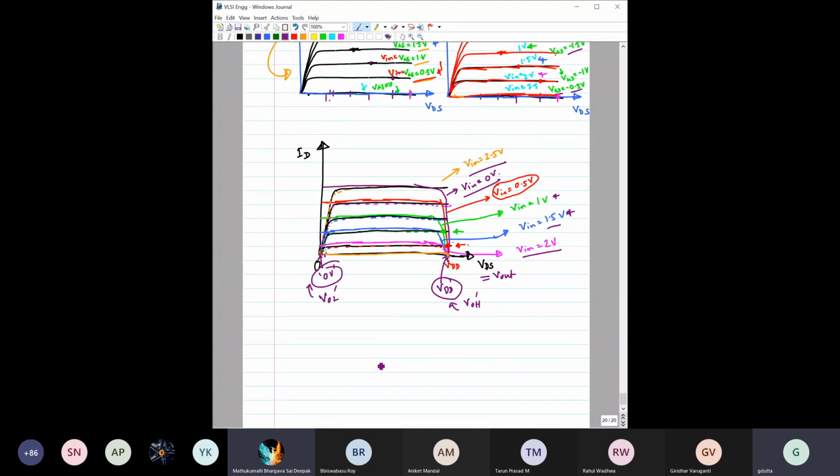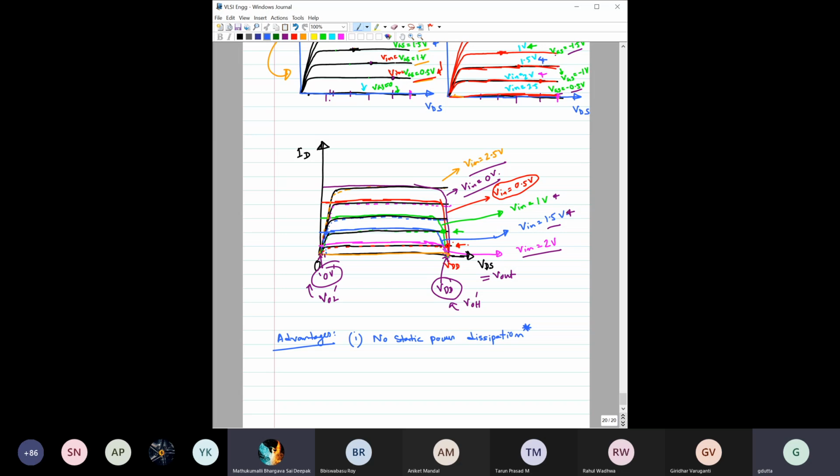So let me also write quickly here some of the things. Advantages. Number one, no static power dissipation. I am putting one star here. Why? Because if I say no static power dissipation, technically that is not correct.